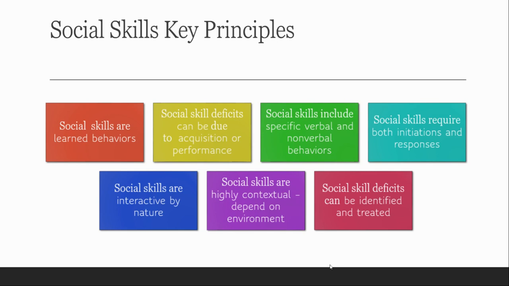Another principle is that social skills require both initiations and responses. Social skills are interactive by their very nature. Another principle is that social skills are highly contextual and depend on the environment. So, specific social skills are needed in specific environments. And lastly, social skills deficits can be identified and they can be treated via instruction.